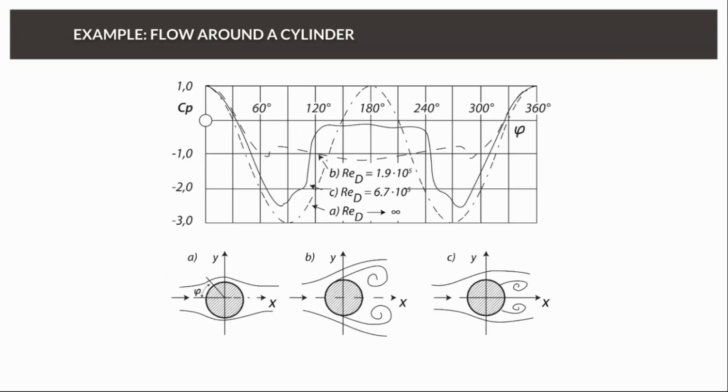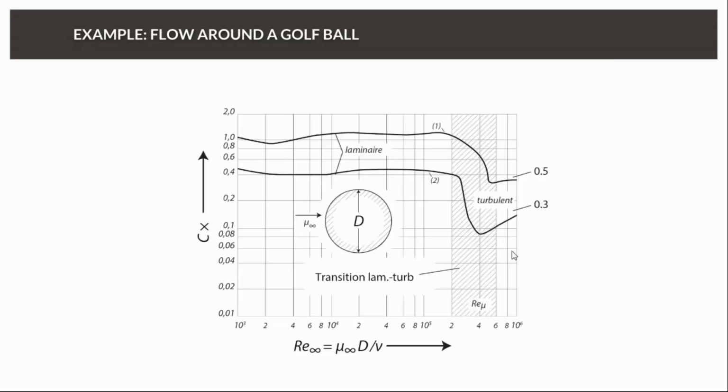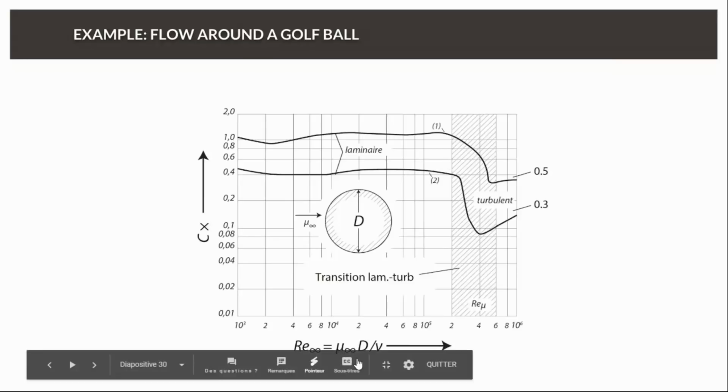To illustrate this, the best example is the flow around a cylinder or a sphere, and the drag coming from it. So as an introduction, maybe you know this, the drag of a cylinder or a sphere is quite high when the flow is laminar at low Reynolds number.